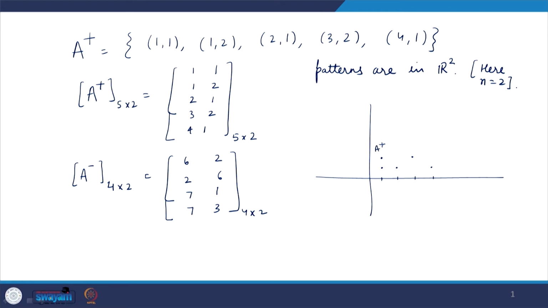Now, what are A minus? 6 2, that is this point; 2 6 means somewhere here; 7 1 means somewhere here; 7 3 means somewhere here. So, these are of my A minus class.